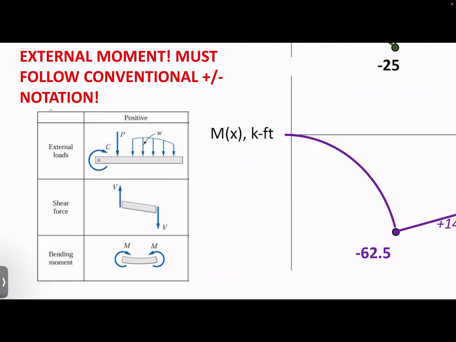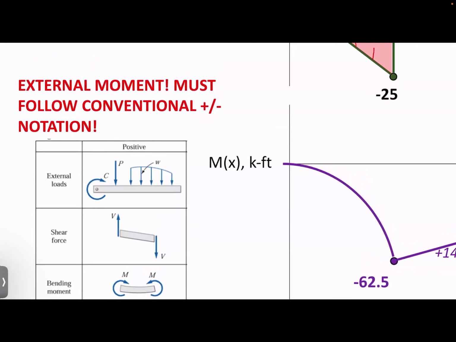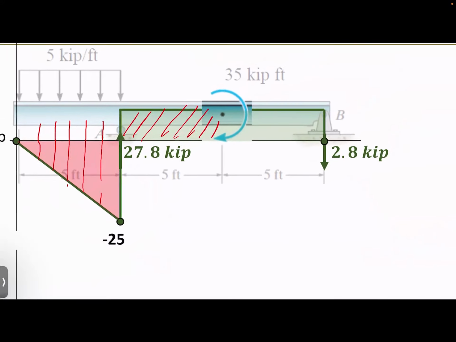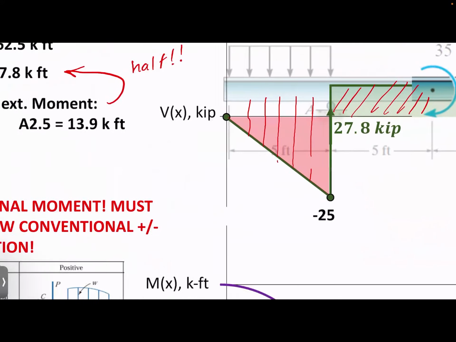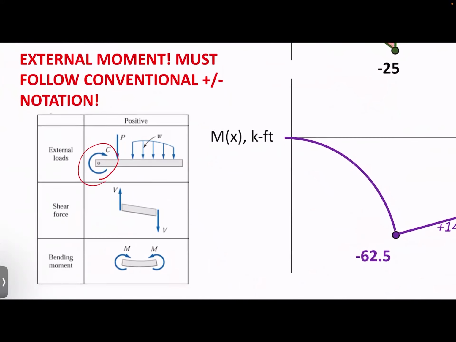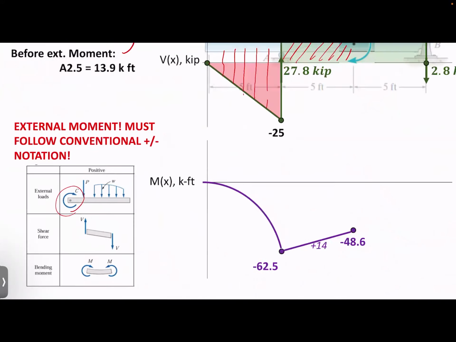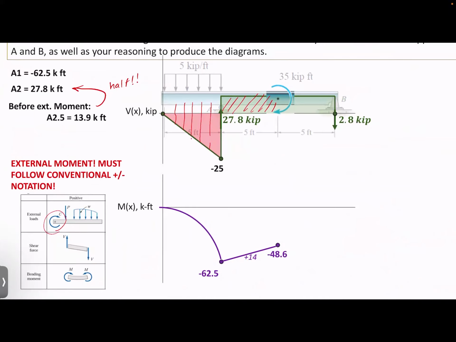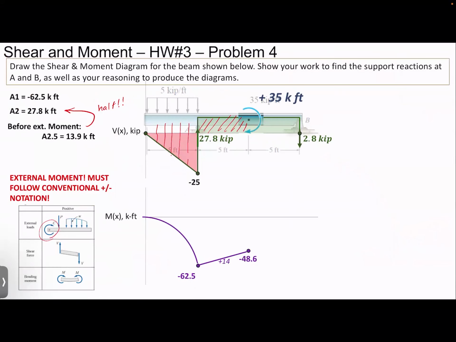If it produces a half pipe shape, meaning the bottom is in tension and the top is in compression, as shown there, then that is a positive bending moment. So right here, since we have a clockwise moment, this external load is producing a positive moment. So this is going to make it go up 35 kip foot.